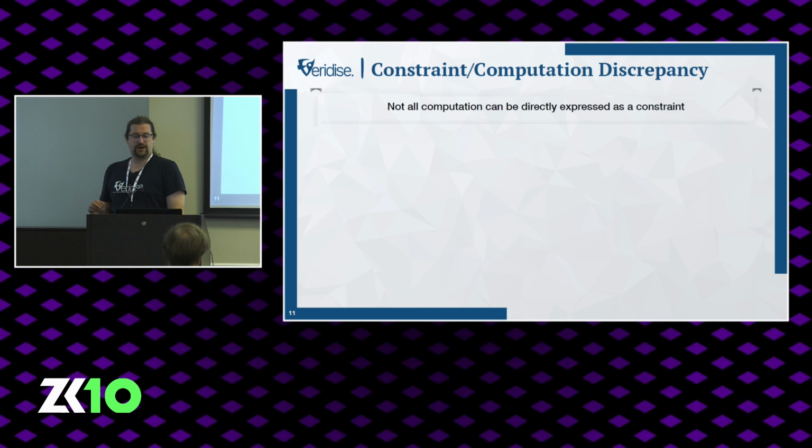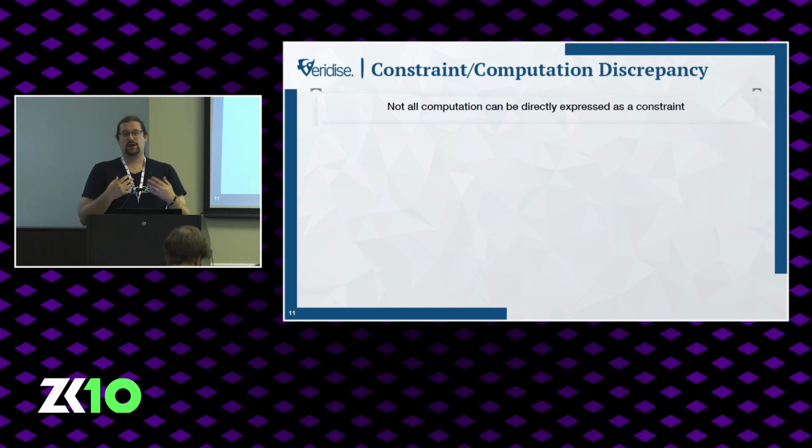Okay, so if we move on, this is probably the most interesting case that we're going to be looking at, in my opinion. This is going to be looking for cases where you have discrepancies between your constraints and your computation. As I talked about previously, not all computation can be directly encoded as constraints.